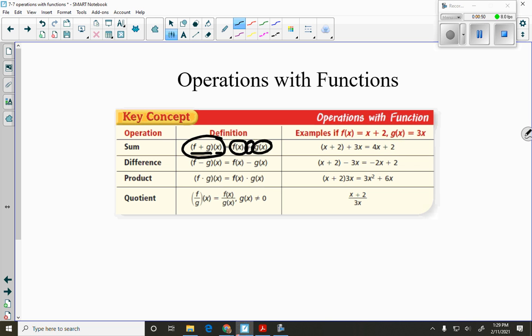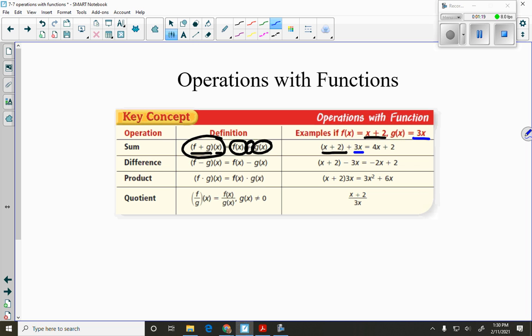So if f of x was x plus 2, and g of x is just 3x, then f plus g of x would equal x plus 2 plus 3x. So it's just putting a plus sign in between the two equations. It really is as simple as that.